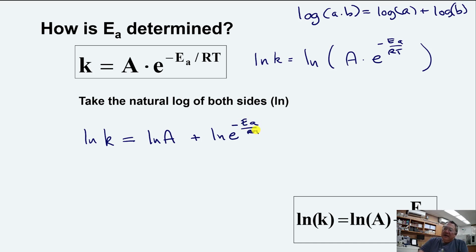So what does the right term do? It's the anti-log function, and the log function, and so they cancel each other out essentially. So now I can write that ln of k is equal to ln of A. Remember, that's the pre-exponential term too. It's not concentration. Minus Ea over RT, like that.